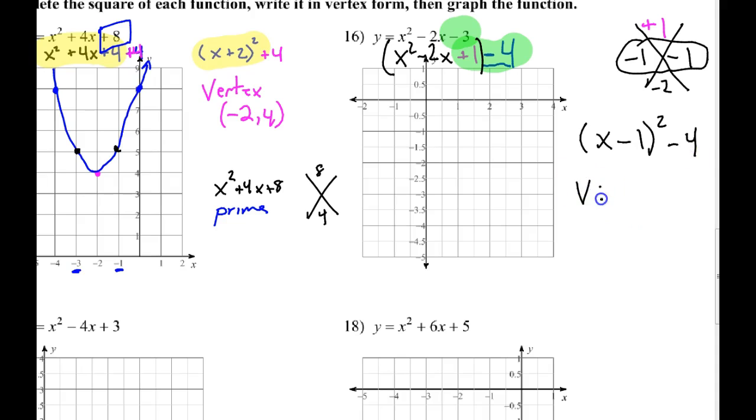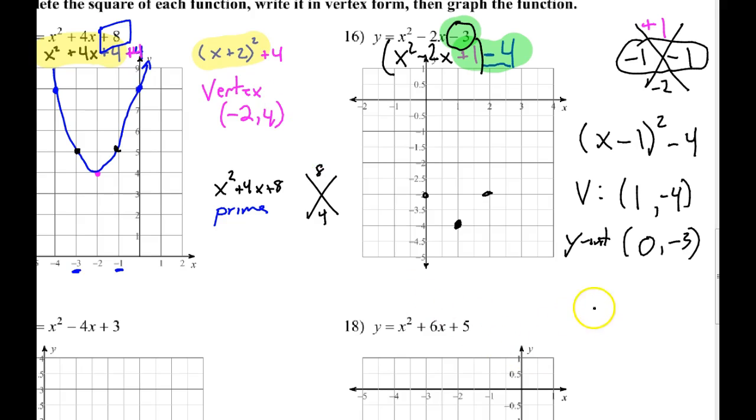So the vertex is at 1. The y-intercept is -3 from the standard form above. Now, what if we try to factor this one? Maybe this one factors.